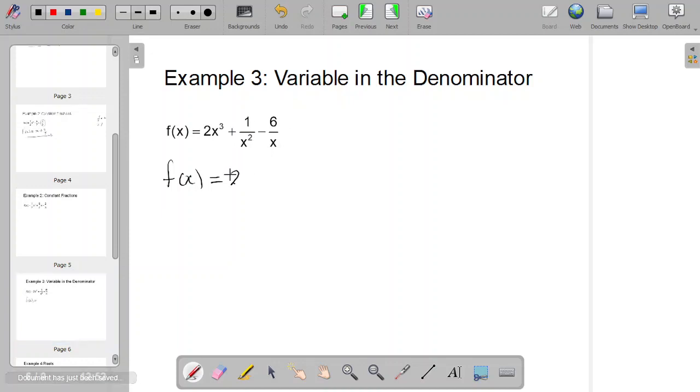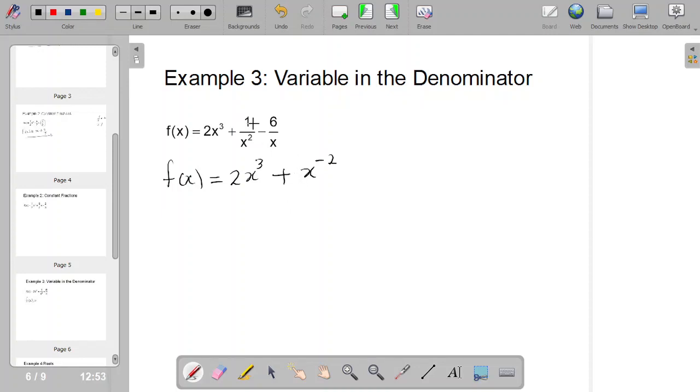So if you look here, you have 2x to the power 3. Remember, this is still f. And then how you do it is you bring x to the numerator, so x, but now your exponent will change, and the 1 is still here.